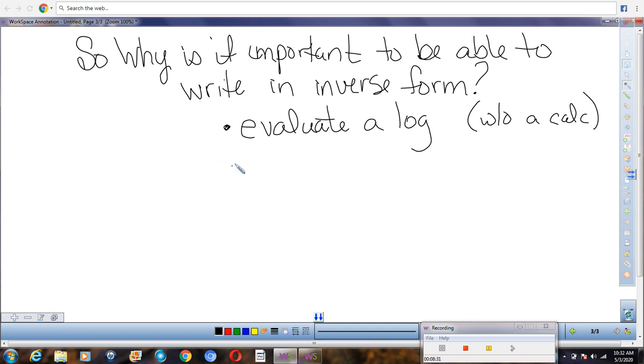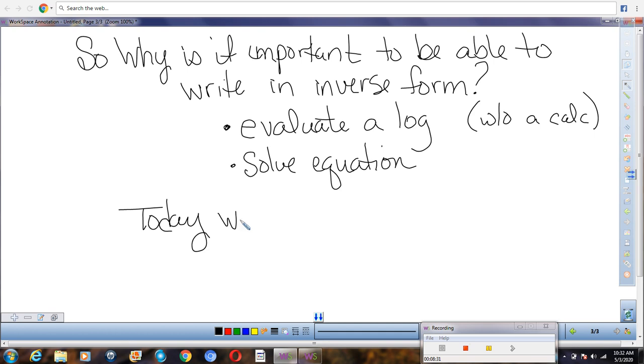The second thing it's going to allow us to do is to solve equations involving either log or exponential. Today we're going to focus on the first one. We're going to talk about how to evaluate a log without a calculator.